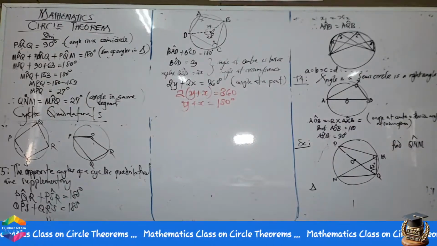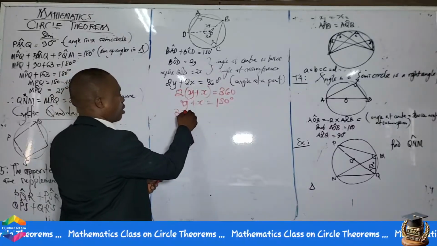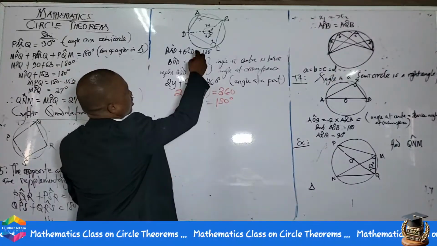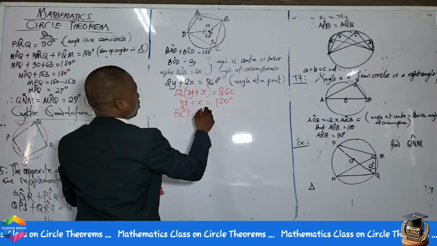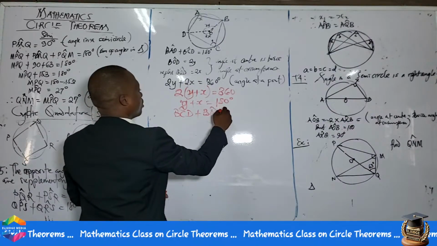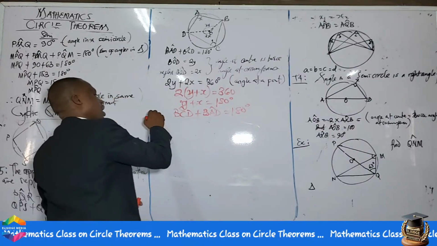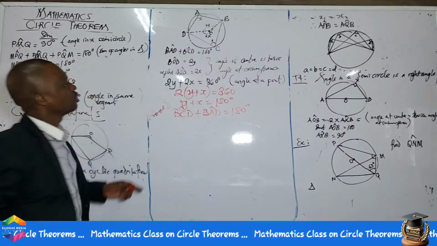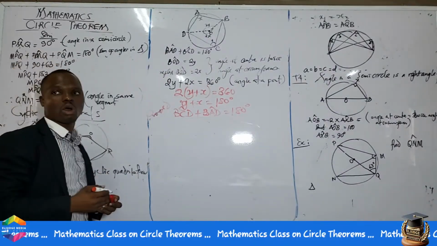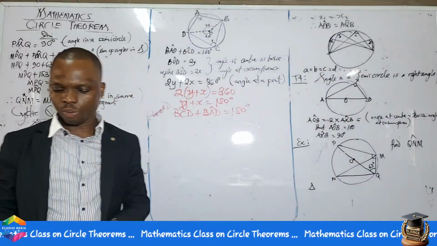Our angle y is actually the angle BCD, plus x is the angle BAD, which equals 180 degrees. So hence we have been able to prove the fact that opposite angles of a cyclic quadrilateral are supplementary.